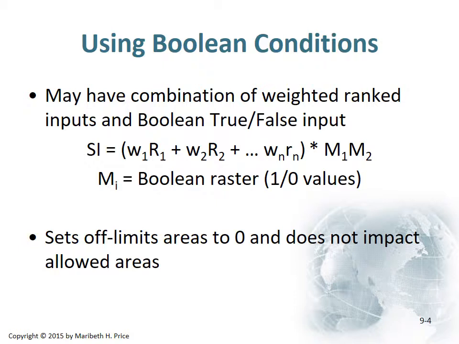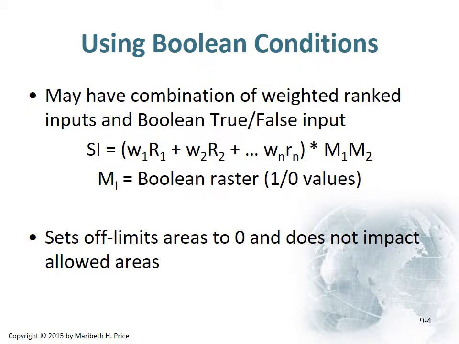So we can combine both of those different approaches, our generic suitability index, and we can then apply Boolean rasters to that. So if we were calculating the example from before of the landfill suitability index, and we have that particular equation, we could then apply to it Boolean rasters of true and false information to further modify the results.